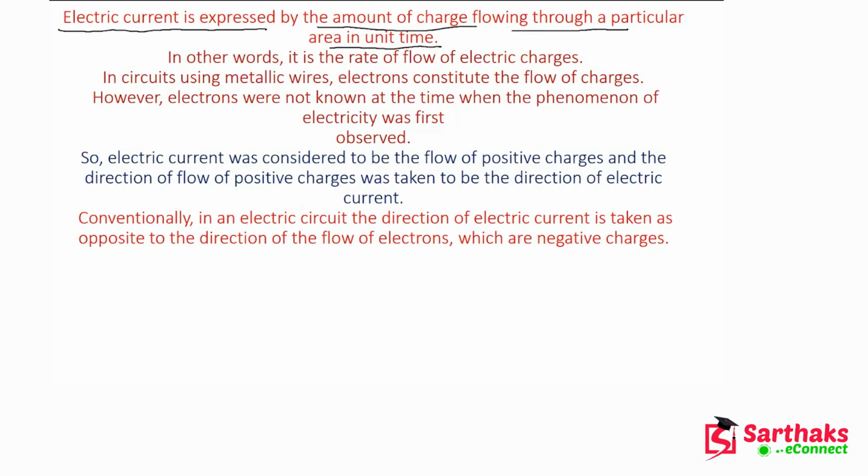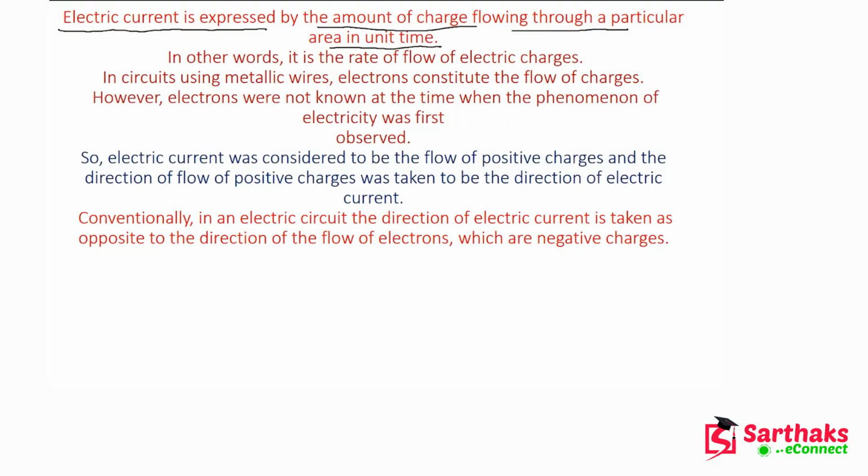Okay. So basically we understand what electricity is, but how do we express it? How do we define it? So this is the definition of electric current. It is the value of the amount of charge flowing through a particular area in a unit time.